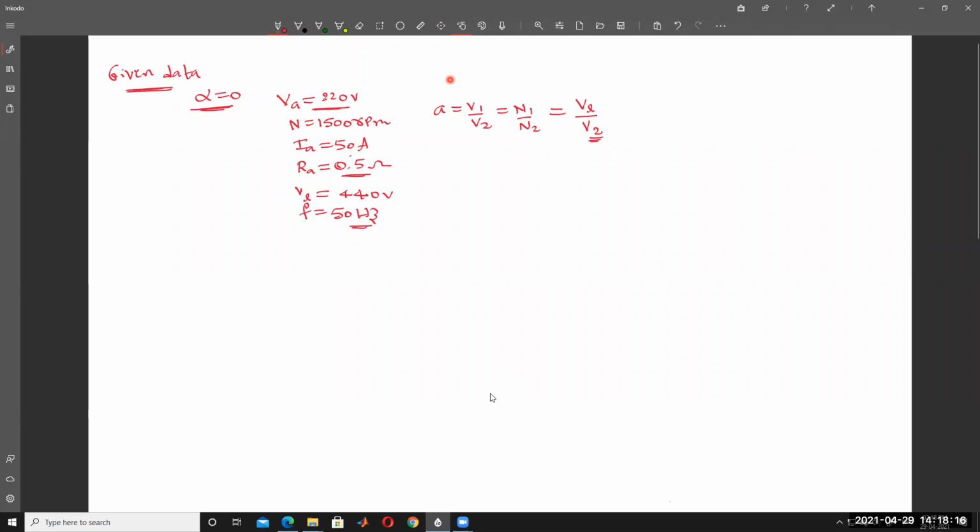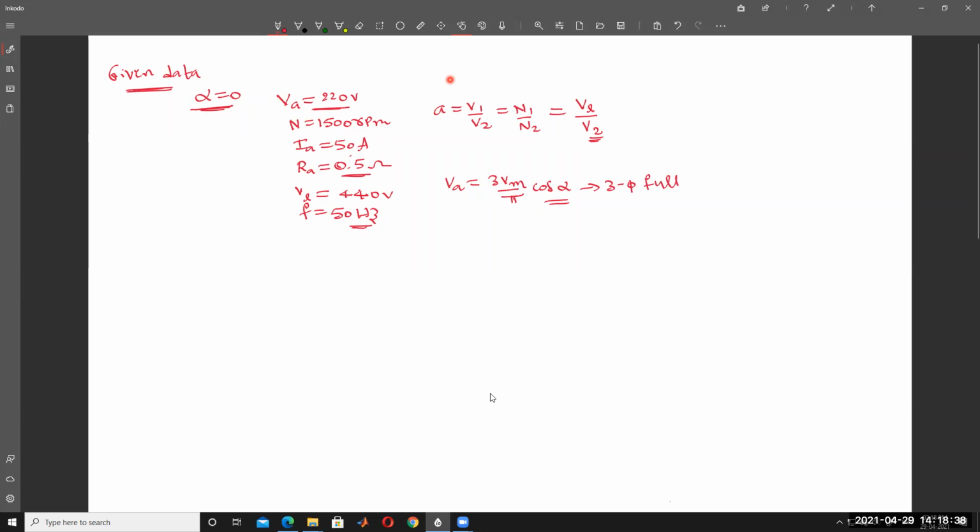The converter output voltage VA is equal to 3 Vm by pi into cos alpha. Am I right? This is for a three-phase fully controlled converter drive.